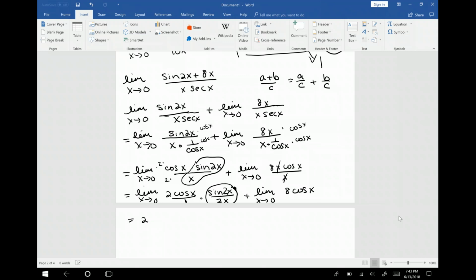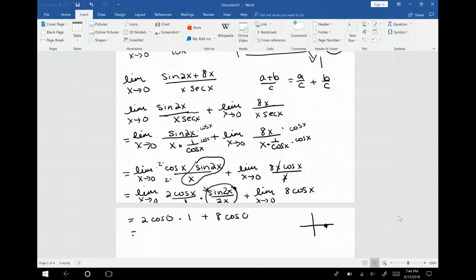So we have 2 times the cosine of 0 times this thing here is equal to 1, plus, and then for the second part, let's plug a 0 in, and we have 8 cosine of 0. Do you remember what cosine of 0 is?